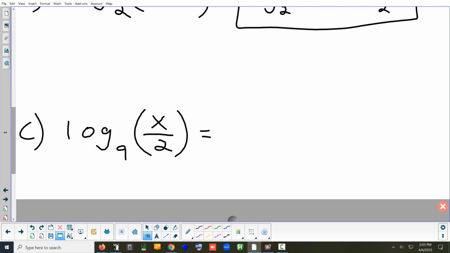All right. So Abigail, what operation do we have inside the argument? Yep, we've got division. And Gavin, how does division split into 2 logs? Which operation?